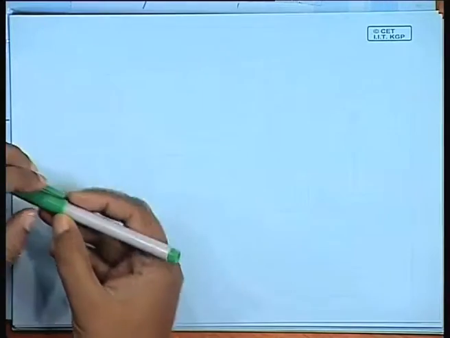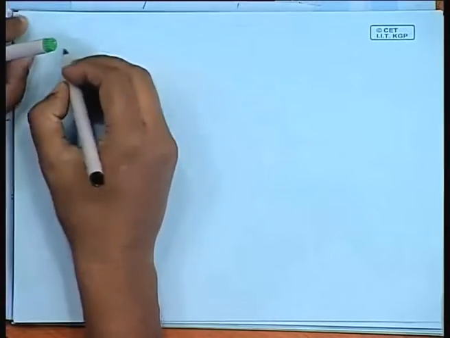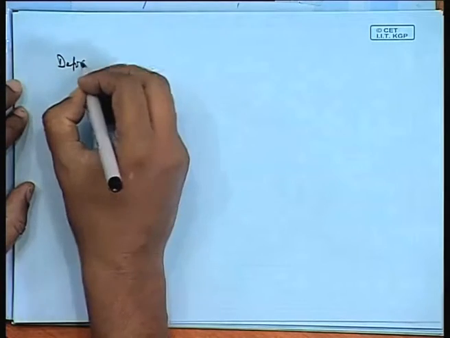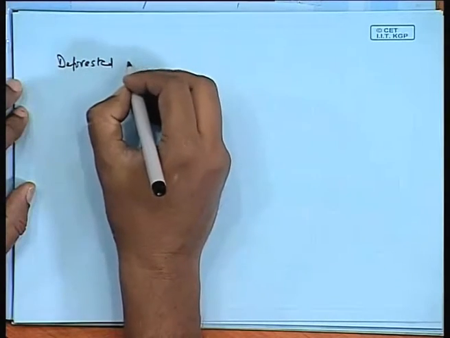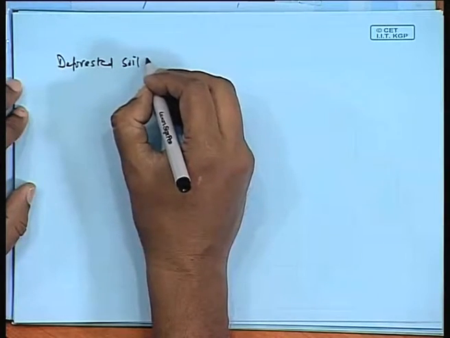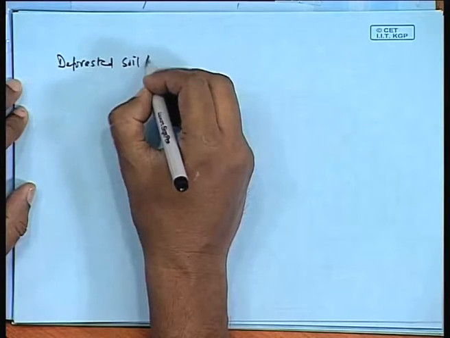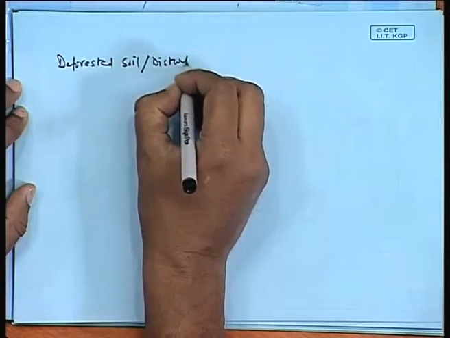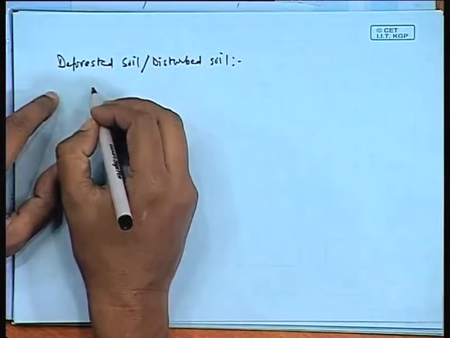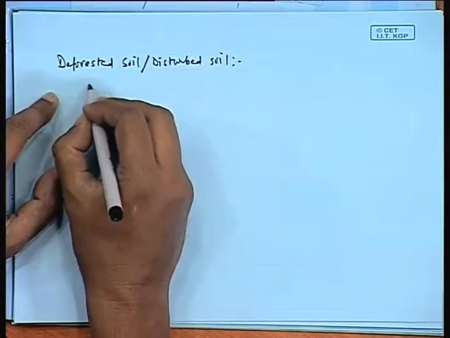If you observe these things in a bit more detail, in any kind of soil, particularly in deforested soil or disturbed soil, the erosion that is quite common is sheet erosion.